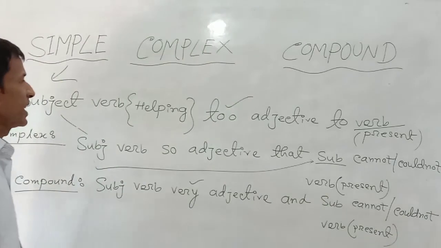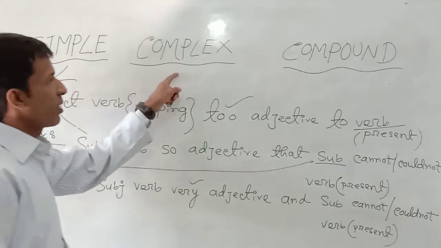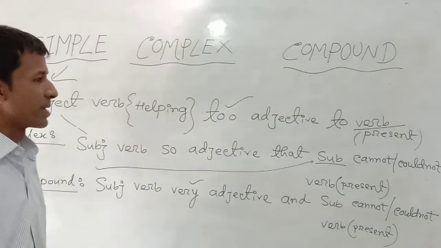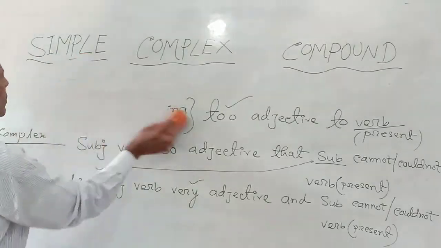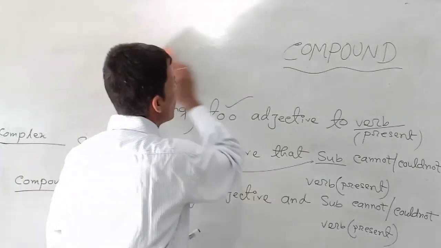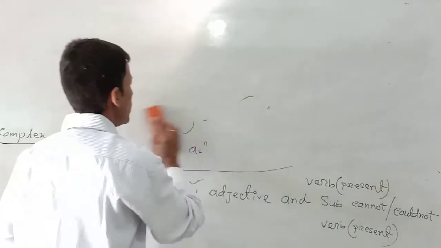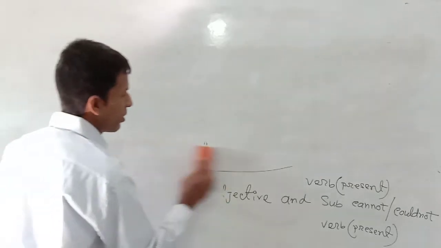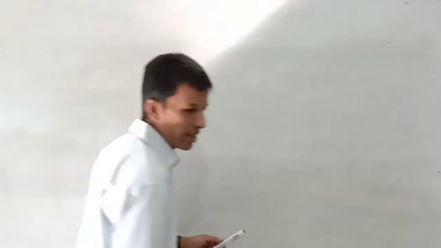Now I will explain in what way the simple sentence can be transferred into complex and compound sentence by giving you more and more examples. A simple sentence including "too" and "to" will certainly be transferred into complex sentence by writing "so that". Look at the whiteboard and watch very attentively.